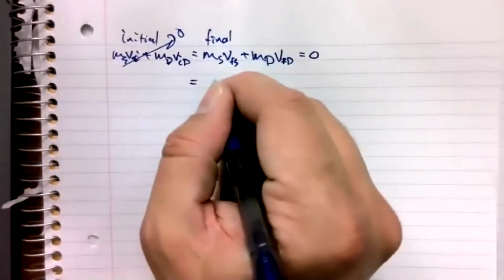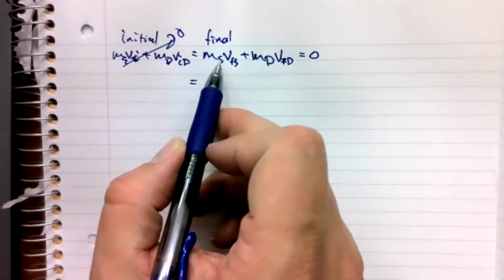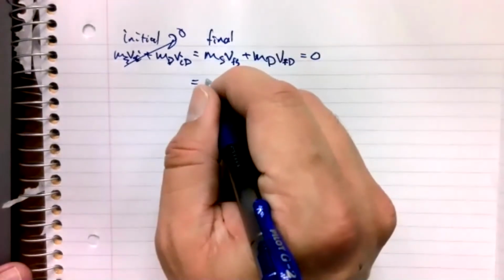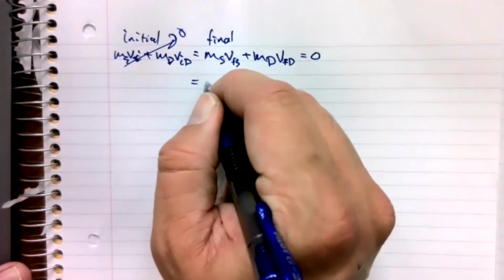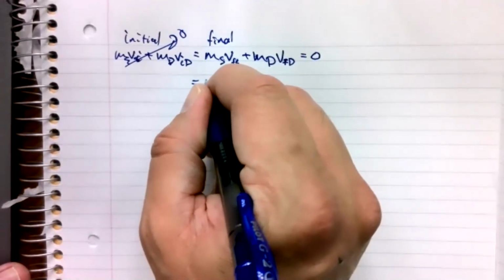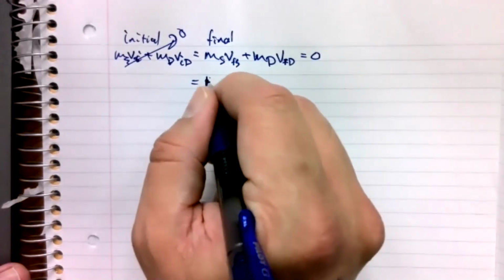And so I can plug in my numbers now. Actually, first I'm going to move this to the other side. And I'm going to say, one of them has a negative velocity because they're going in opposite directions. And so let's say Sandra is negative. Okay. So we'll say her velocity is going to be negative. Actually, I'm going to move everything to the other side first.